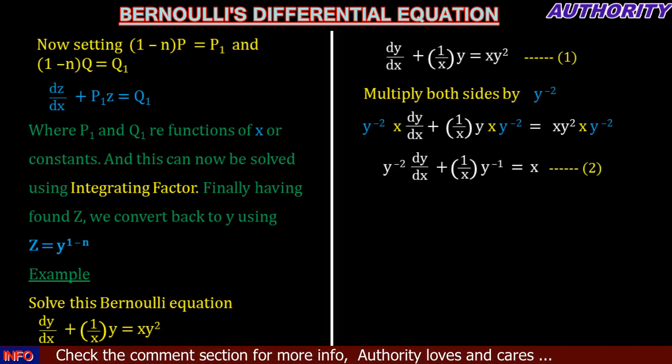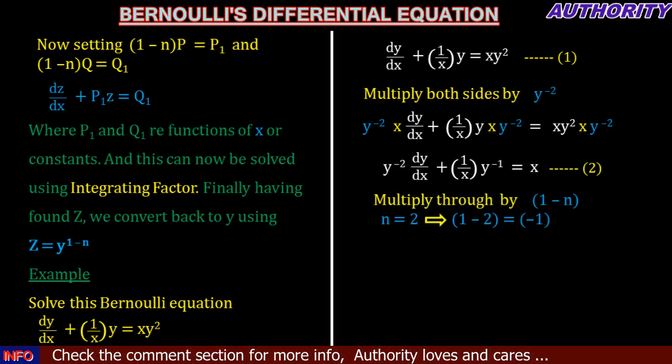Okay, good. So the next thing we are going to do is multiply through by 1 minus n. You remember what n is: n is the power of y, and the power of y is 2.